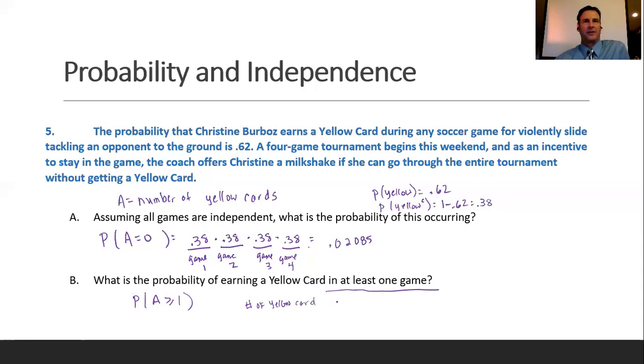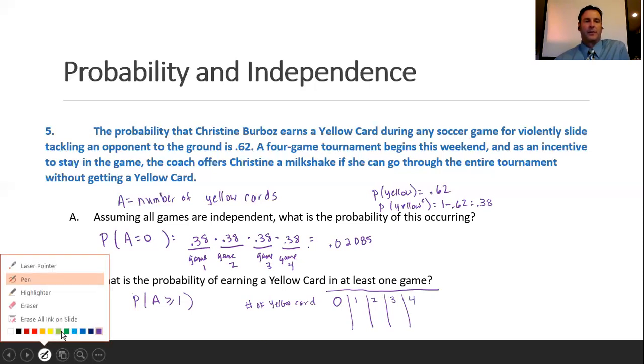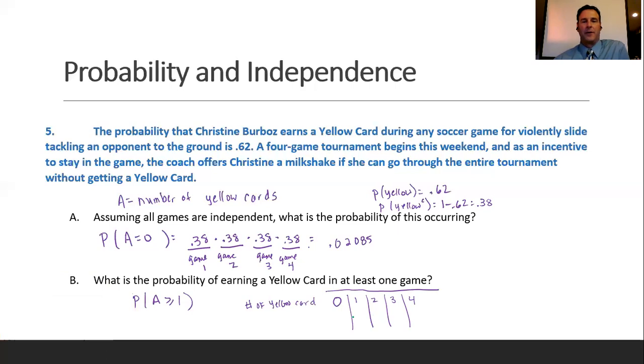The fewest that she could get is 0, but the most that she could get is, well, she plays in 4 games, so we'll assume there are 4. Now here's what they want. Remember that there are no other options. They want the sum of these 4 probabilities. And doing all 4 of those would be kind of a challenge.